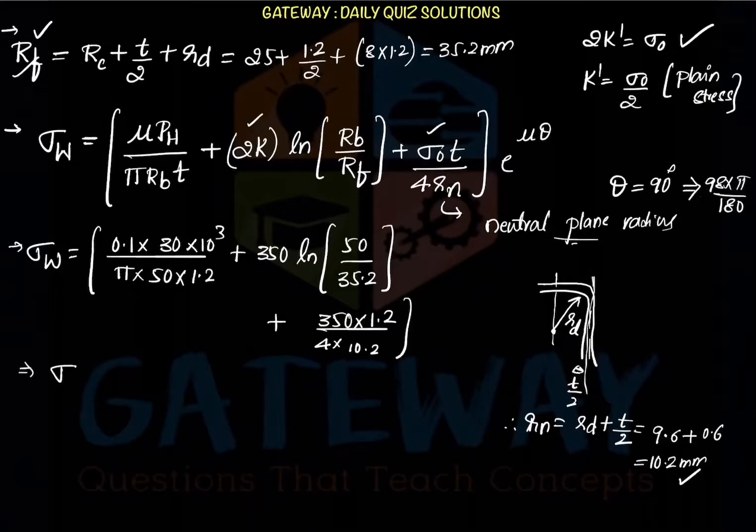Once we substitute all these, we will be getting the wall stress value, and that is equal to 174.38 megapascals. This was obtained.